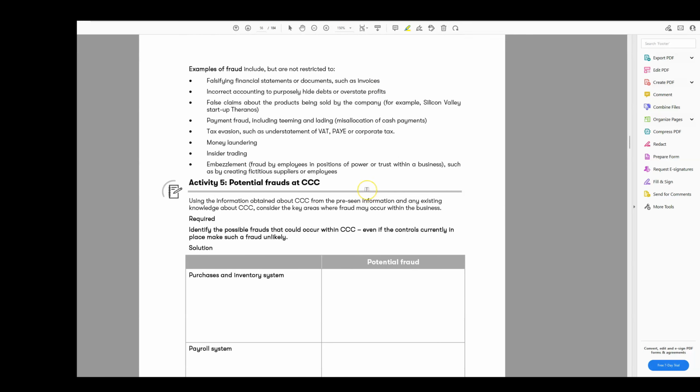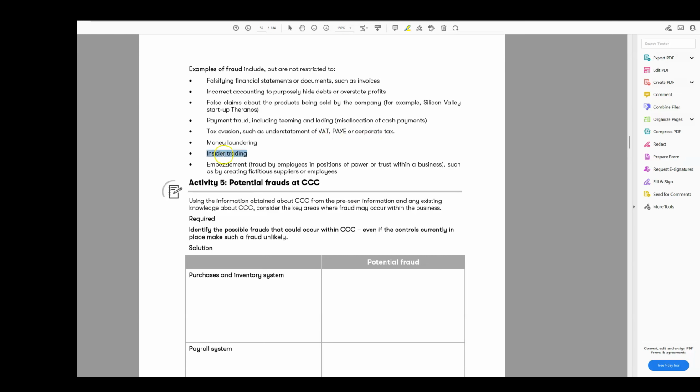So we have some examples of fraud. Examples of fraud include but are not restricted to, so there could be more fraud as well. It's not only this. Falsifying financial statements or documents such as invoices, incorrect accounting to purposely hide debt or overstate profit, false claims about the product being sold by the company, payment fraud including timing and lading, so allocating of cash payment, tax evasion such as understatement of VAT, PAYE or corporation tax, money laundering, insider trading.